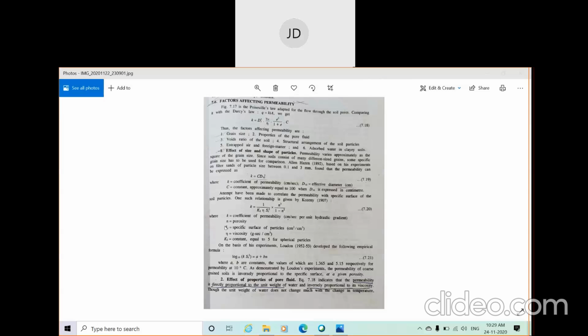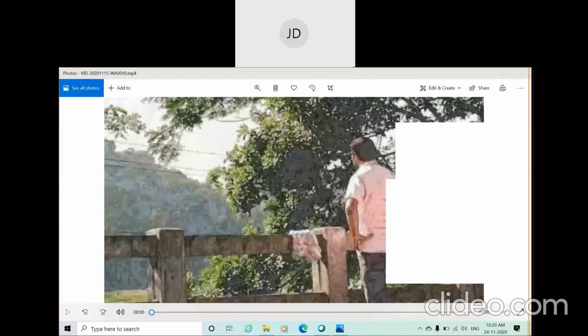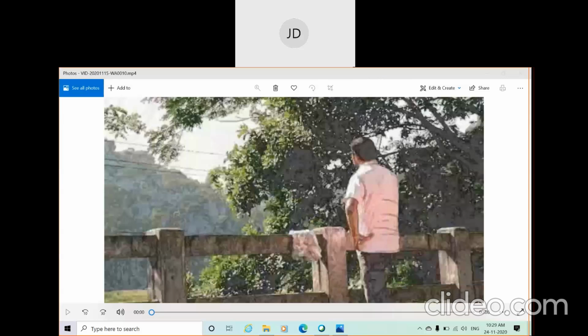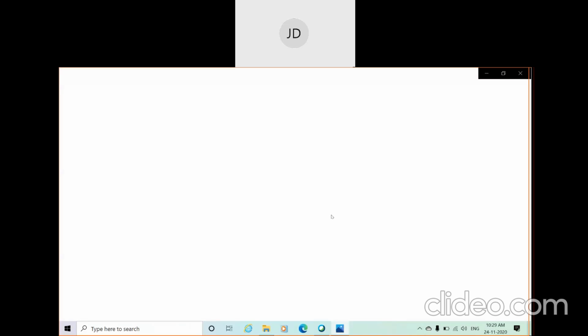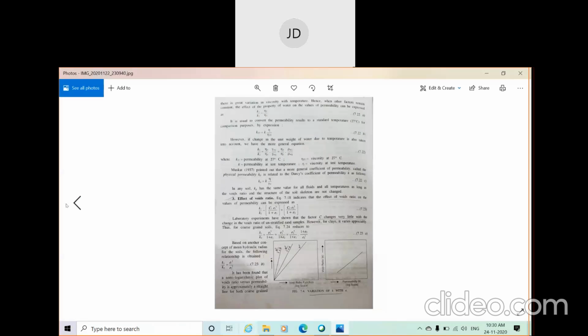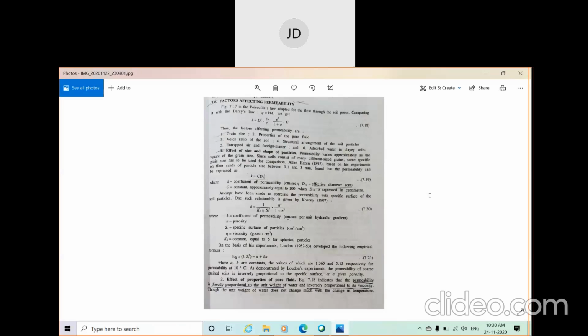Okay, so here you can see the factors affecting permeability are what?